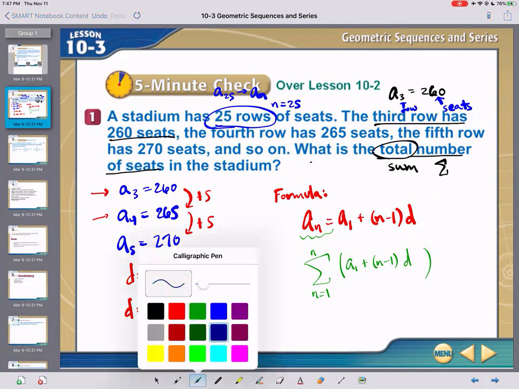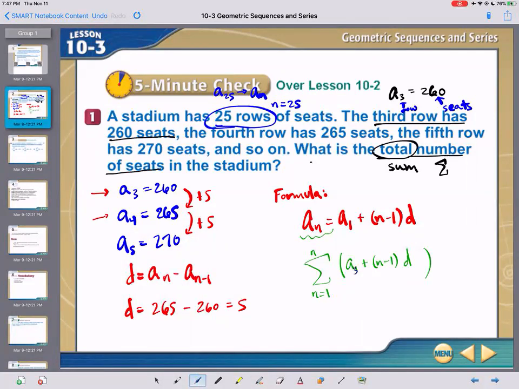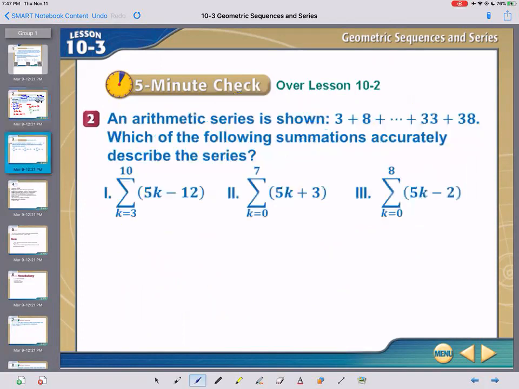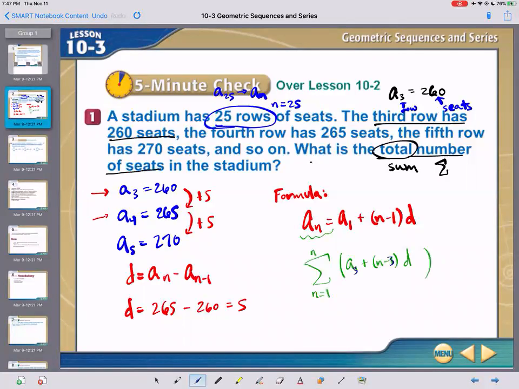However, we do have A3. So if that's going to become A3, this needs to be N minus 3. One other thing to note before we do this in the calculator, with sigma, you never replace N.